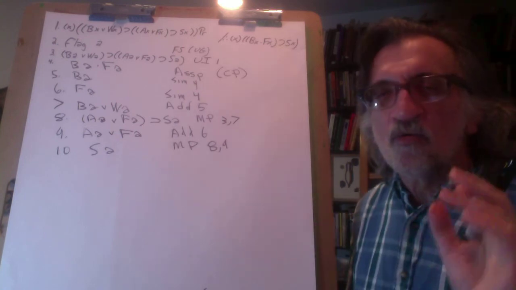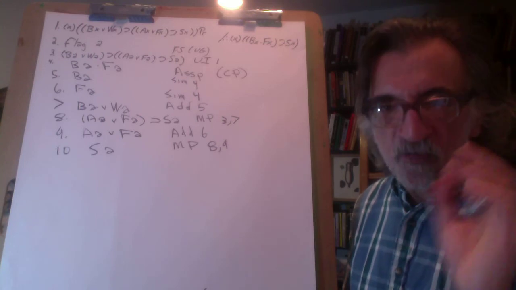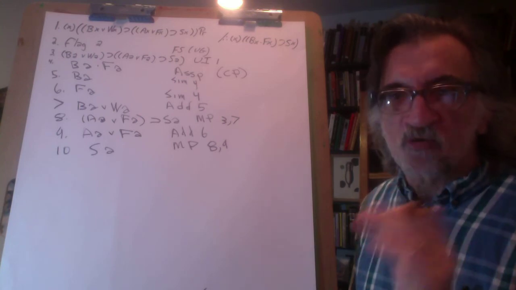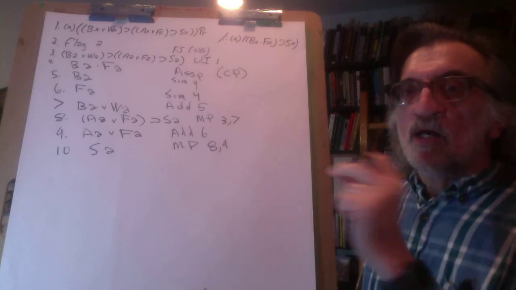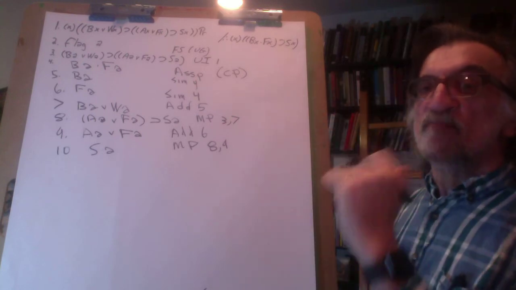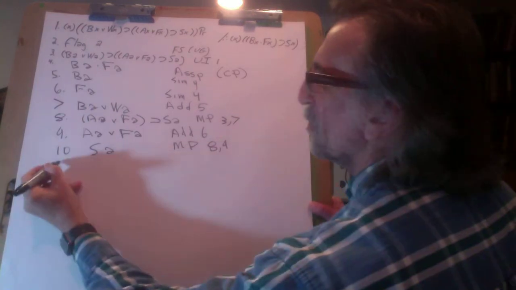Remember how when we did conditional proofs and indirect proofs, there was this idea the lines don't cross. You complete a subproof before completing the proof it's embedded in. So too here.